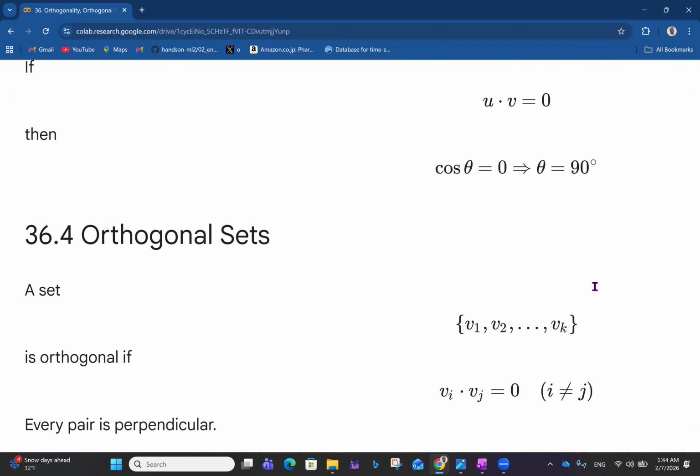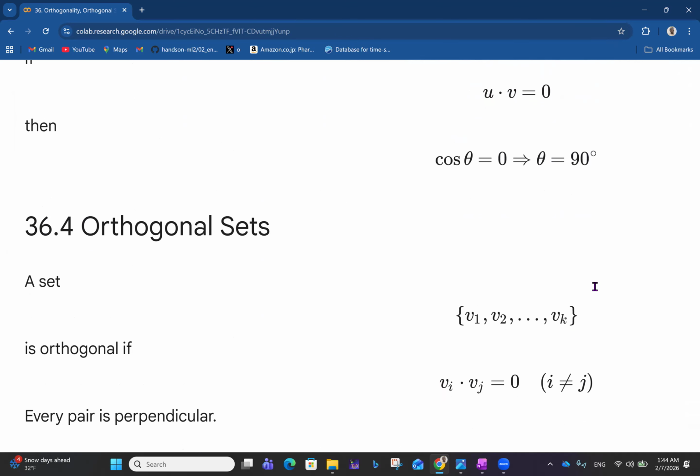Having talked about orthogonality, and decided when two vectors are orthogonal, let's talk about orthogonal sets. A set made up of different vectors v1, v2 up to vk is said to be orthogonal if any pair of vectors in that set is orthogonal.